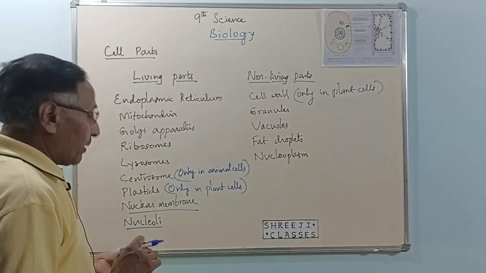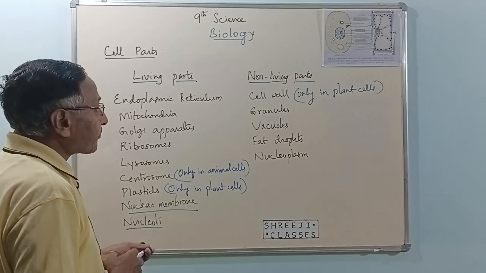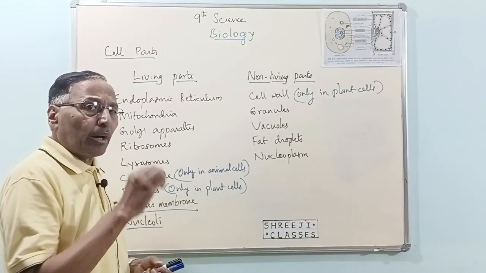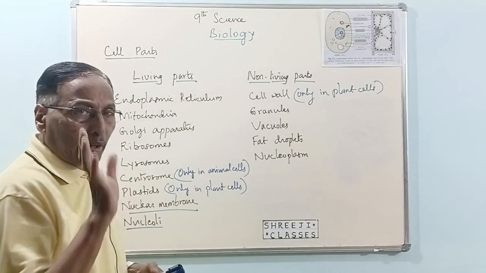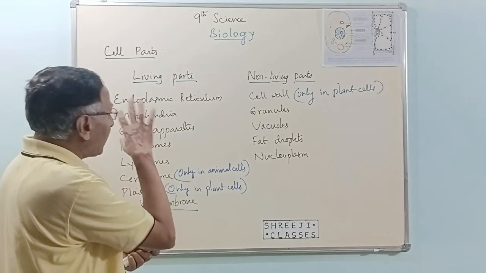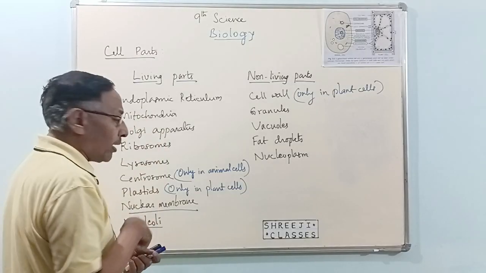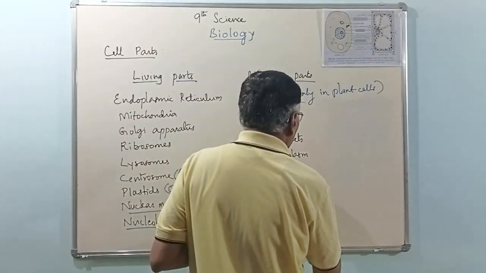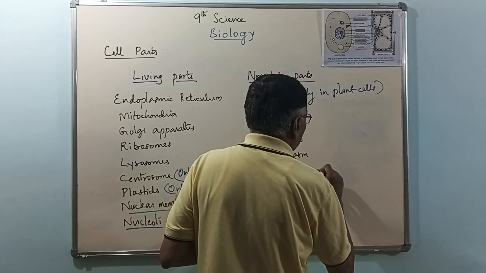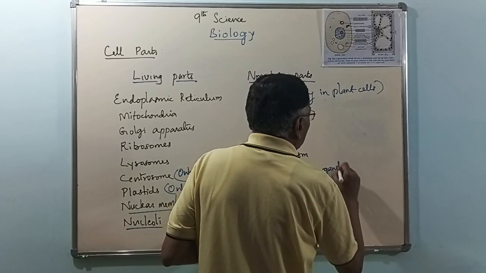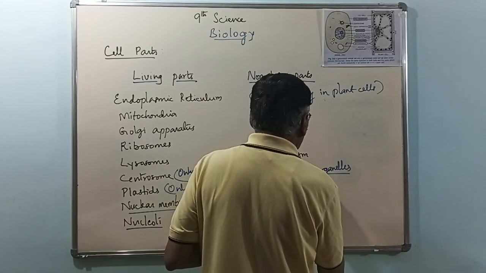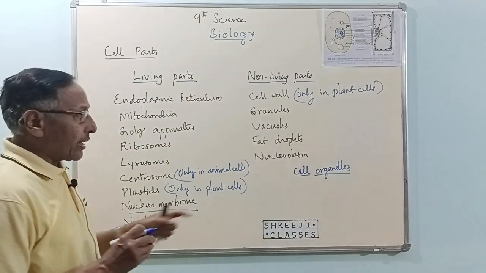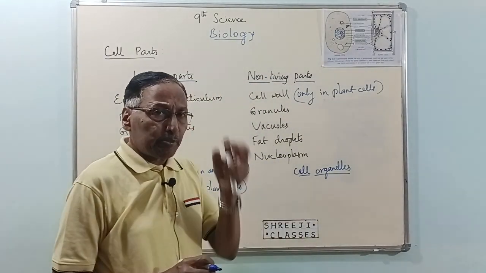Is it not? Now, all these parts have some or the other function. Already I have told you, these living parts are known as cell organelles. Organelles are parts of the cell, and each organelle has a specific function.